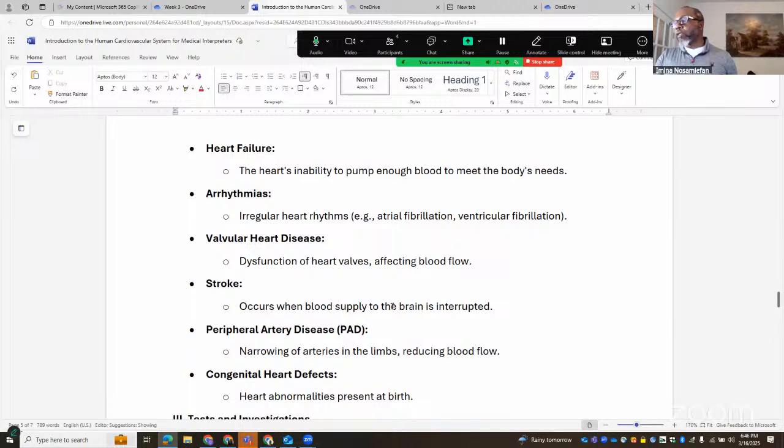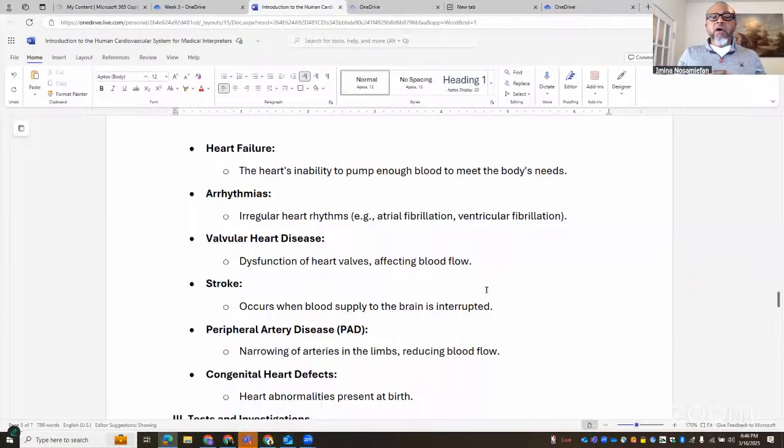Of course, stroke is when blood supply to the brain is interrupted. It could be interrupted if a vessel bursts. You call that a hemorrhagic stroke.